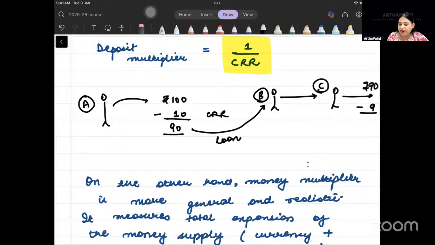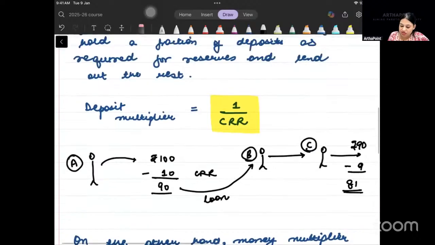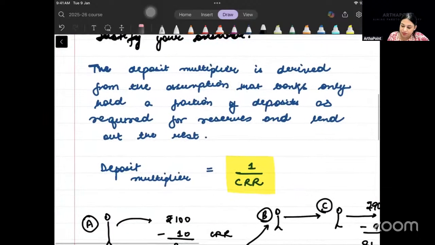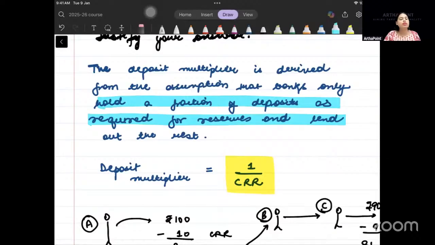The bank kept 9 as CRR and gave the remaining 81 as loan, and this continued, right? So it is based on the assumption that banks hold a fraction of deposits required for reserves and lend out the remaining. Bas itna assumption hai in the deposit multiplier. We are not saying anything else in deposit multiplier.